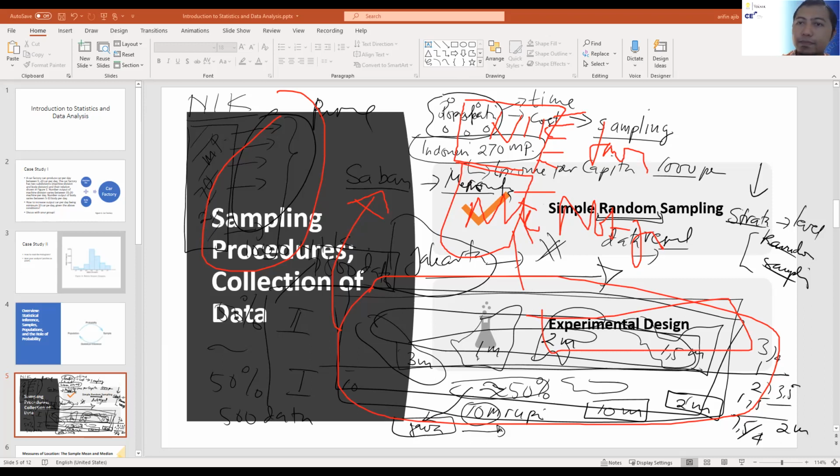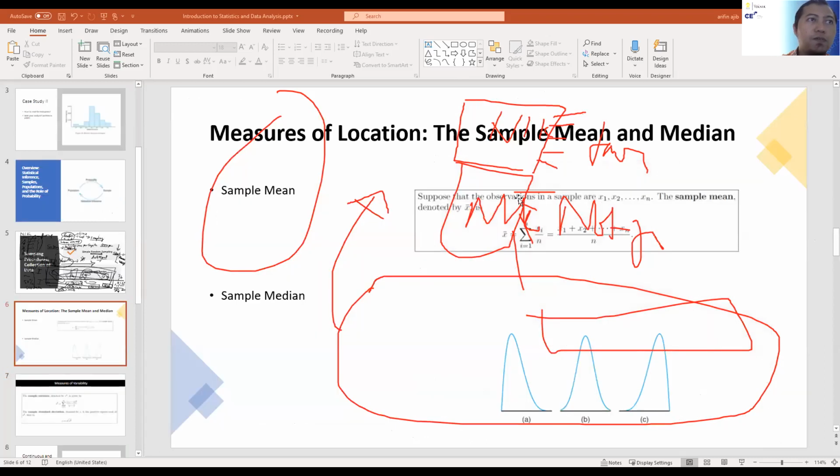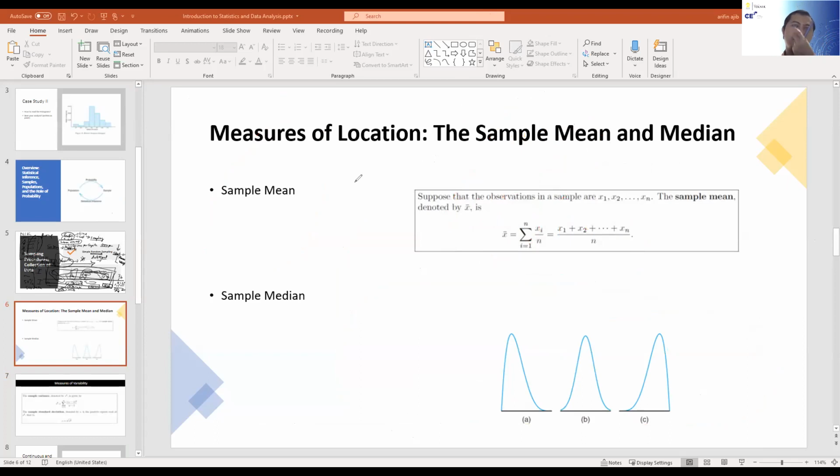Okay. Let's move forward. Talking about the statistical data, in this case is a sample data.